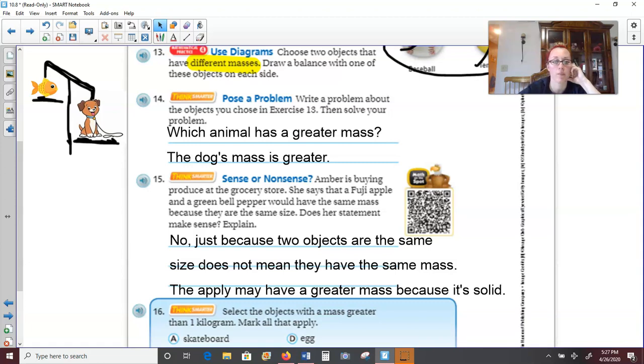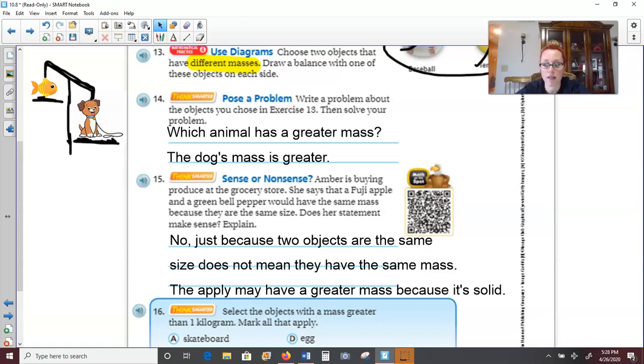And so a pepper would not weigh as much as an apple. So when we're thinking about the mass of items, we cannot just think about their size. We have to consider, like I mentioned, what they're made out of, and use that to kind of help us gauge how much mass they have.